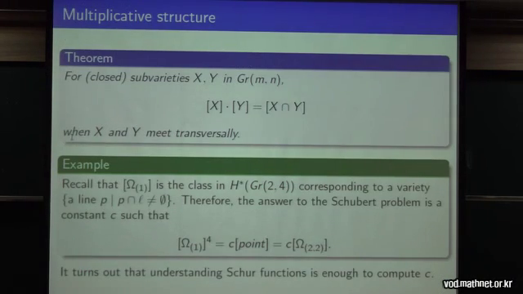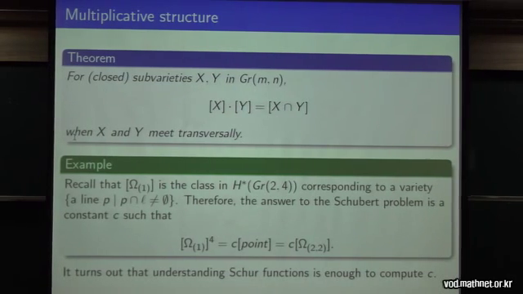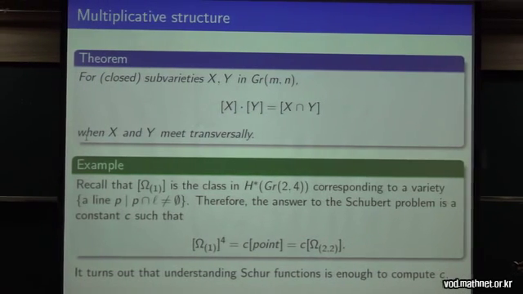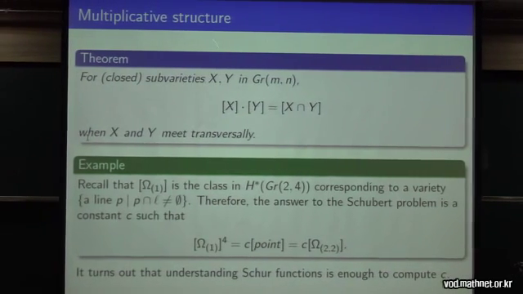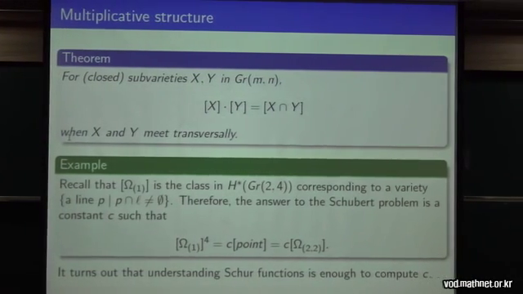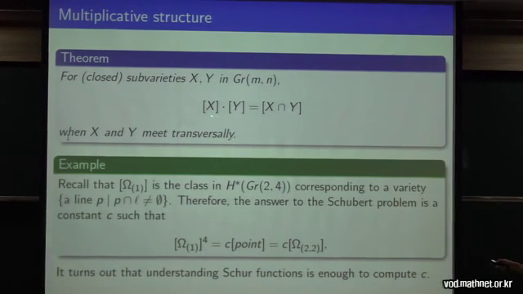Okay, I'll explain this. The nice thing about the cohomology of the Grassmannian is that, in general, for any closed submanifold in the Grassmannian there is a corresponding element in the cohomology ring, and the multiplication in the cohomology ring is the same as intersecting 2 closed submanifolds, when they meet transversely, meaning that basically it's like this, not like this.